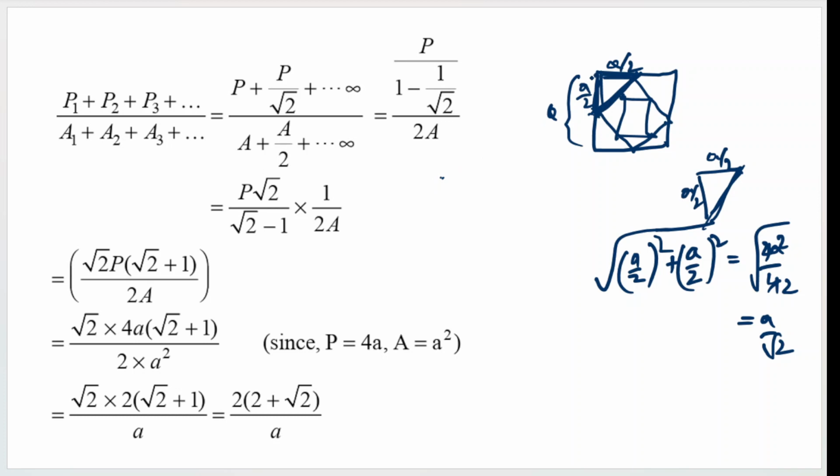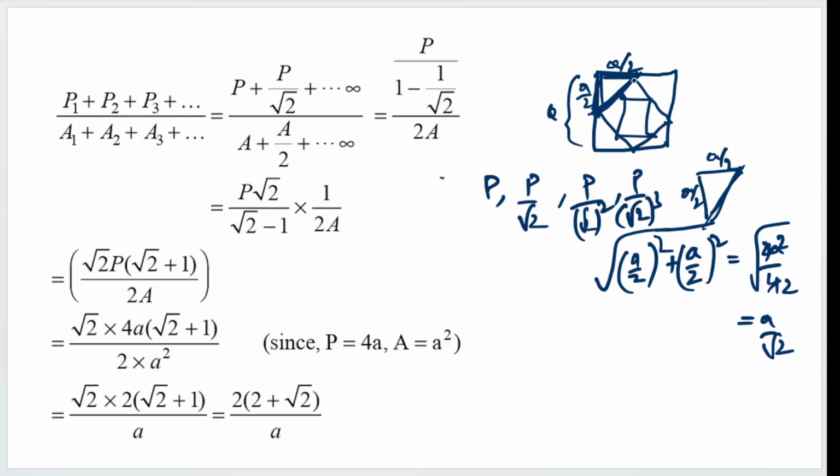The perimeter of the first square is 4A. Let's say it is P, then the second square's perimeter will be P by root 2. Similarly, the third square will be P by root 2 square, and the fourth square will be P by root 2 power 3, likewise.